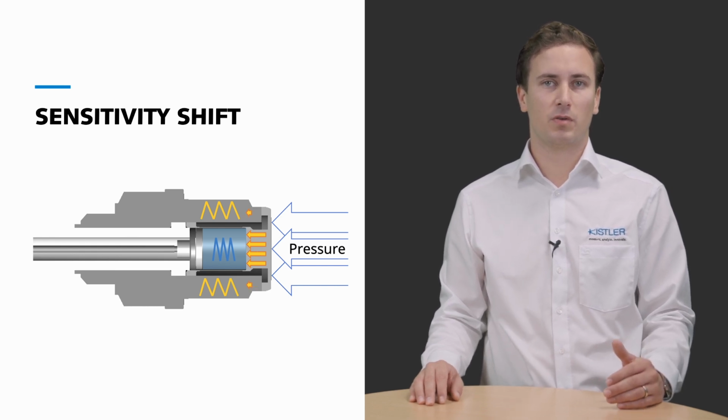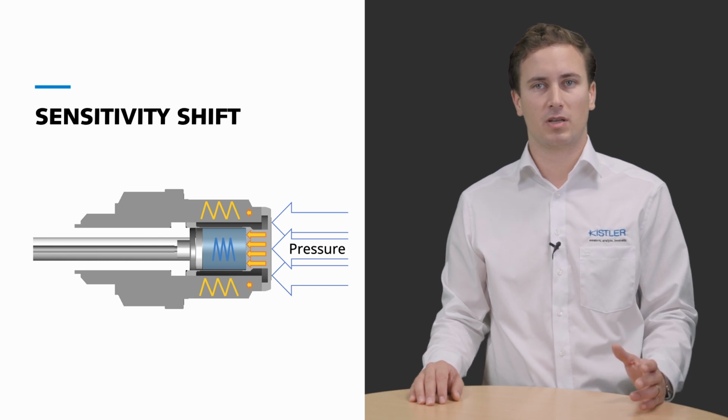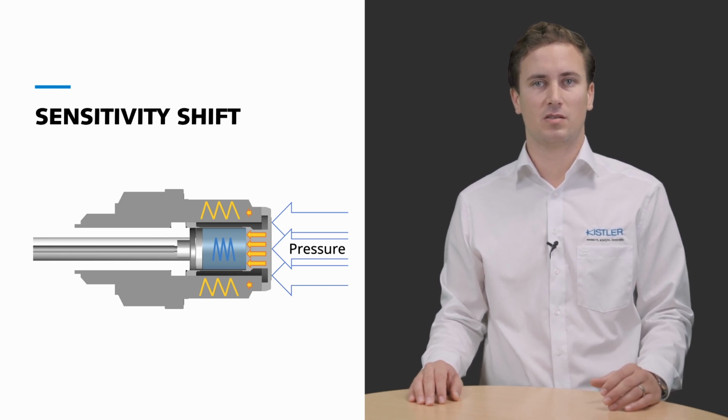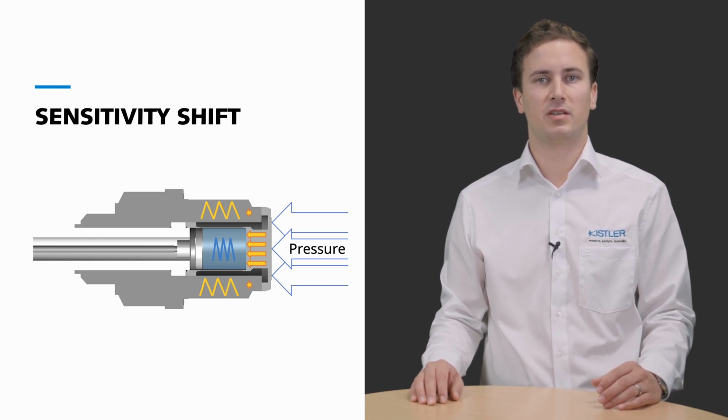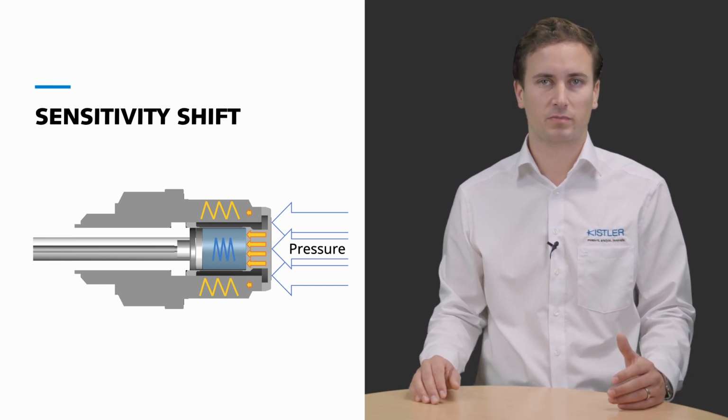If more force flows from the membrane through the measuring element, then the sensitivity of the sensor will increase, and vice versa. This change in sensitivity cannot be eliminated altogether.